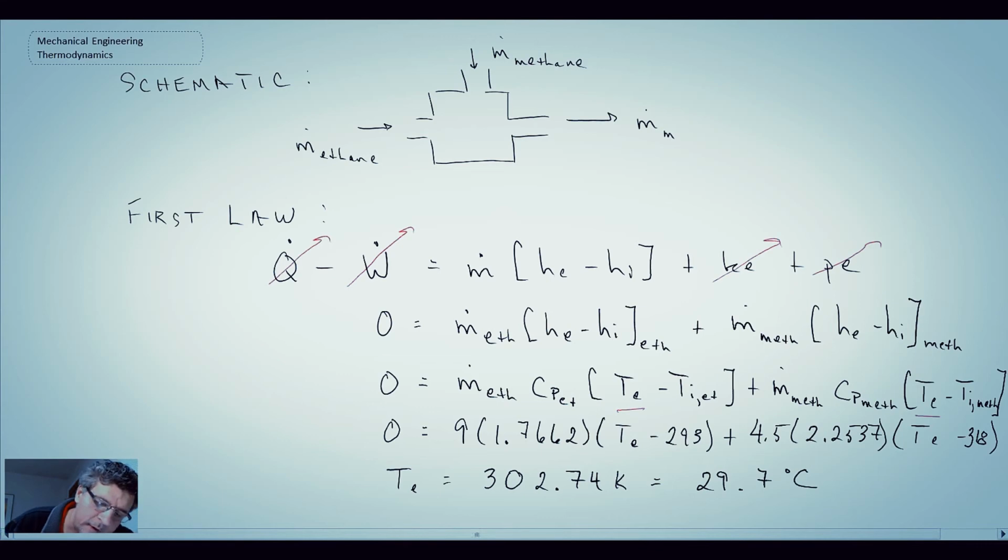So that is what we determined to be the exit temperature, which addresses the first part of the question.